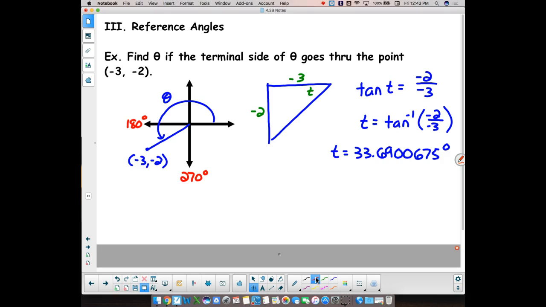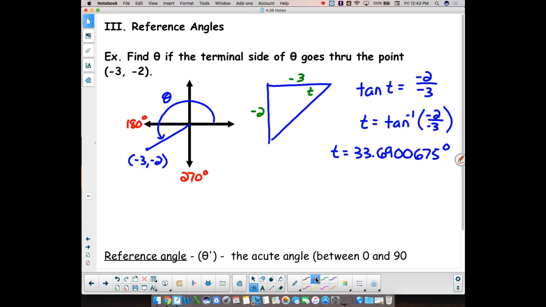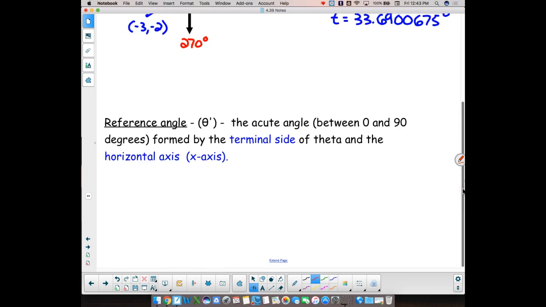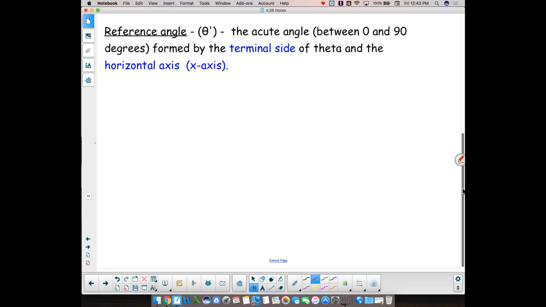Okay? So what we actually found, and Mark is correct when he says that, is something called the reference angle. Reference angles are acute angles formed by the terminal side of theta and the horizontal axis, or the x-axis.